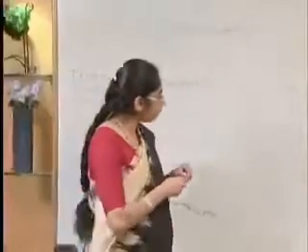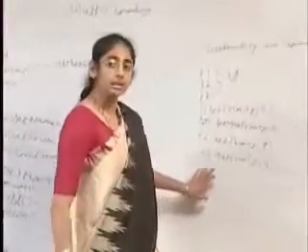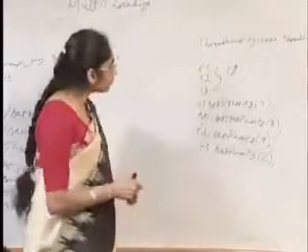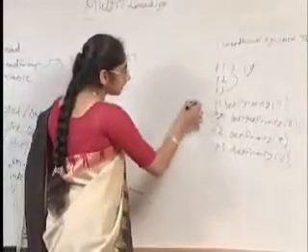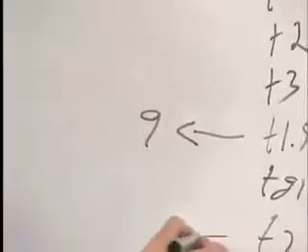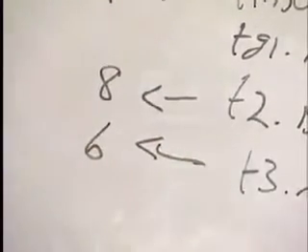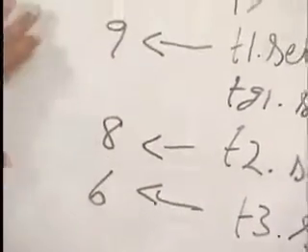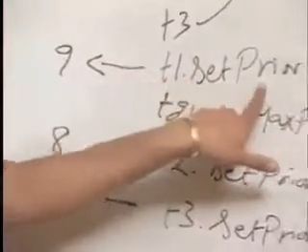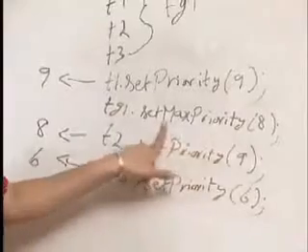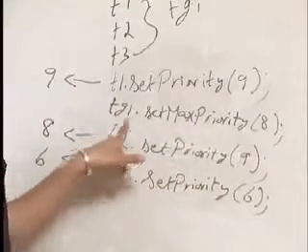Now if I were to display the priority of each of these threads, you would find that T1's priority is 9, whereas T2's priority is 8 and T3's priority is left at 6. The reason is that you are setting the priority of T1 to 9 before setting the max priority for the group to 8.